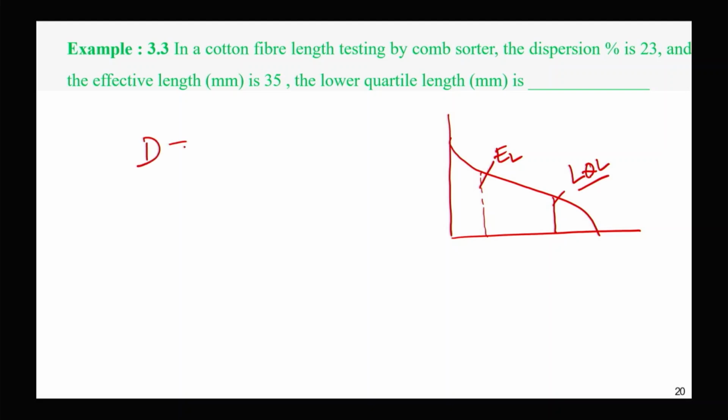Dispersion percent equals interquartile length, that is effective length minus lower quartile length, divided by effective length, times 100, where dispersion percent is 23% and effective length is 35.